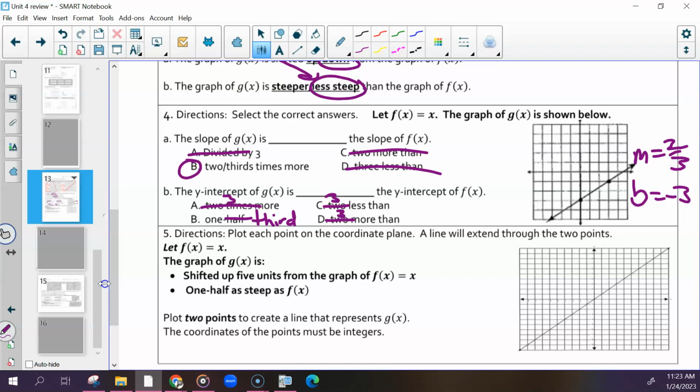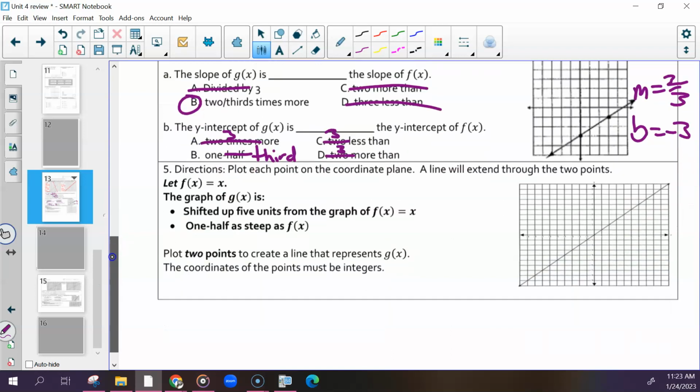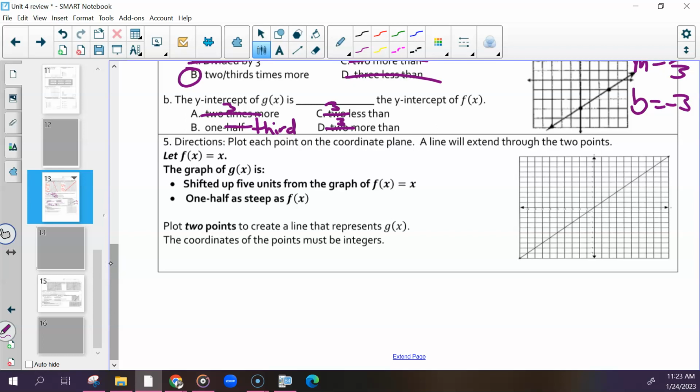Other questions on this? Cameron. So for number 5, they tell us our new graph is going to be shifted up 5 units and 1/2 as steep. What would our new y-intercept be?